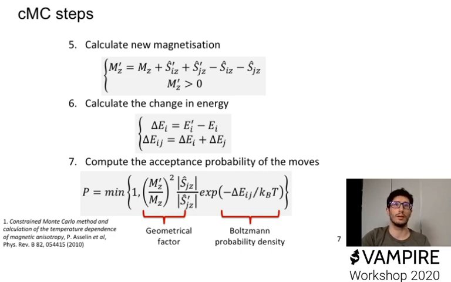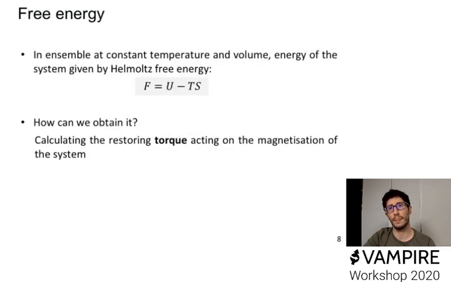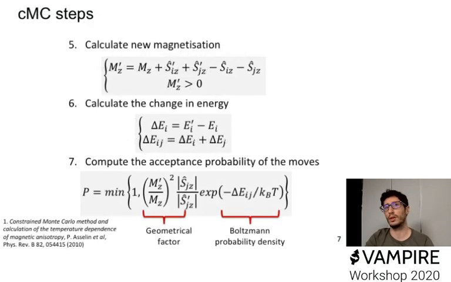Again, this paper contains all the details with appendices which go through all these steps. So when we do this, and finally we assume we have done our moves, we will in the end be able to obtain the torque, and then the free energy.